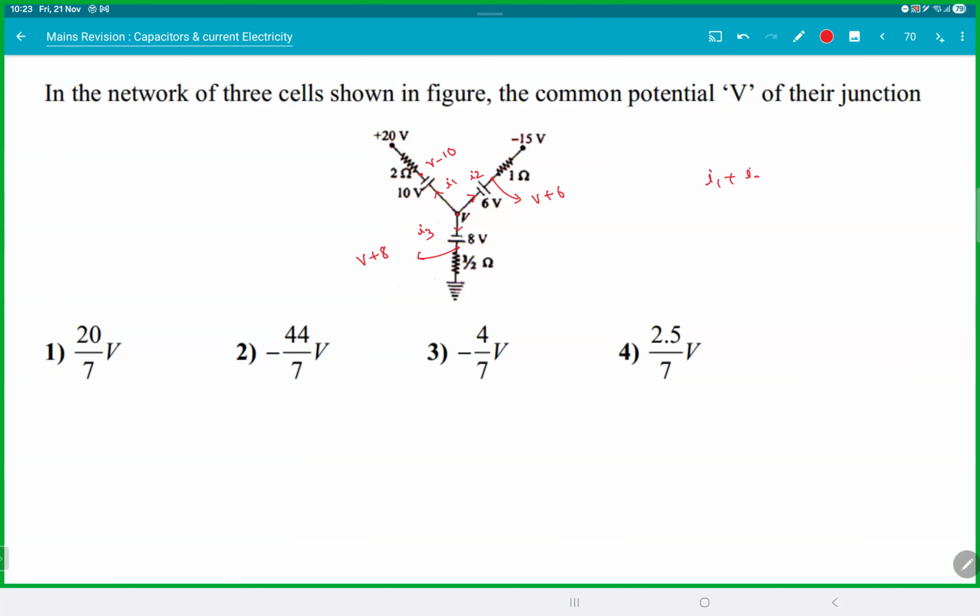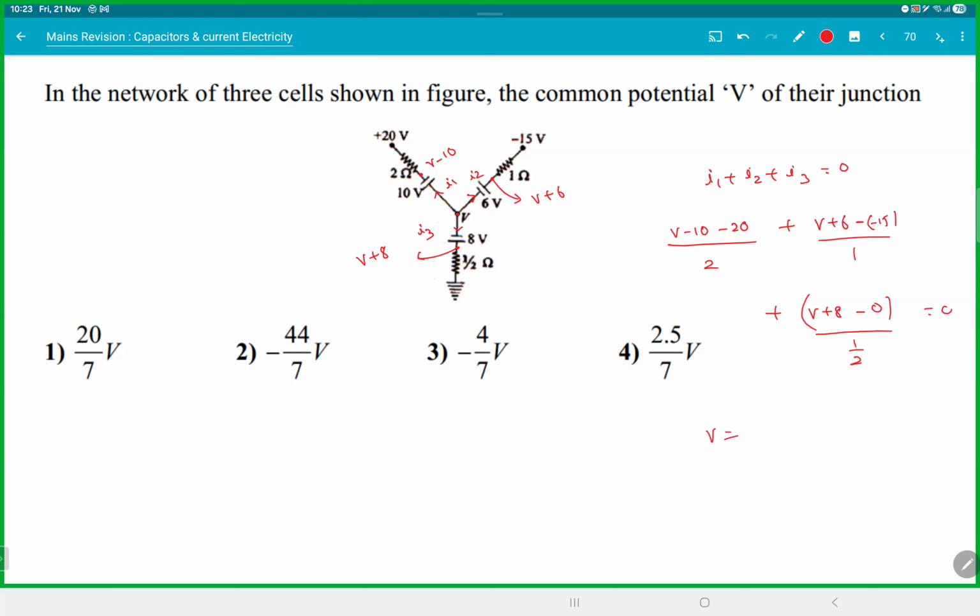We know I1 plus I2 plus I3 is 0. What is I1? Potential difference across the resistor, which is V minus 10 minus 20 by 2. What is I2? V plus 6 minus of minus 15 by 1 plus V plus 8, that is grounded, so minus 0 by R, I guess, equal to 0. Solve, we'll get the answer from here.